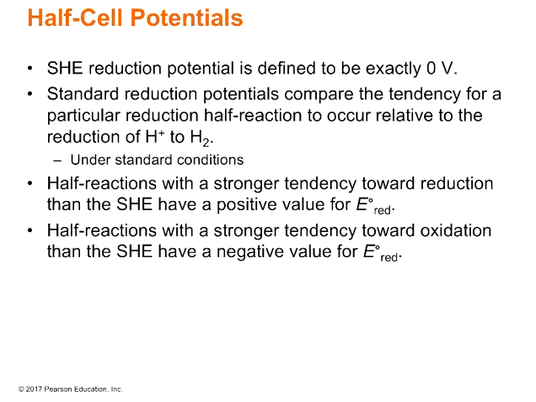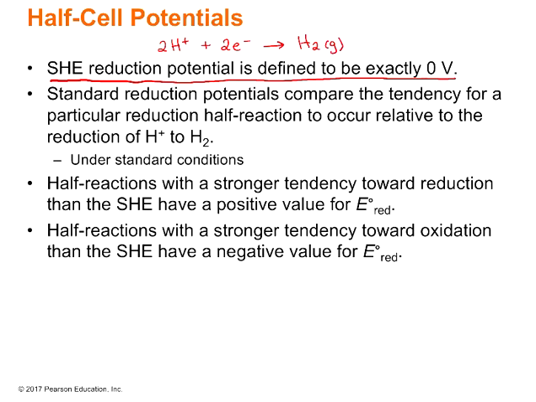So again, just a summary, because a lot of this is new information and we really haven't talked about this sort of topic before. The standard hydrogen electrode reduction potential is defined to be exactly 0. That was the reaction where hydrogen ions were combining with electrons to produce hydrogen gas. Standard reduction potentials compare the tendency for a particular reduction half reaction to occur relative to the reduction of hydrogen ions to hydrogen gas.